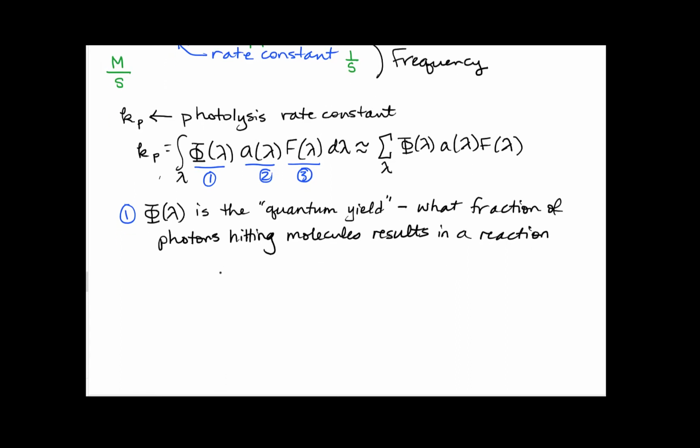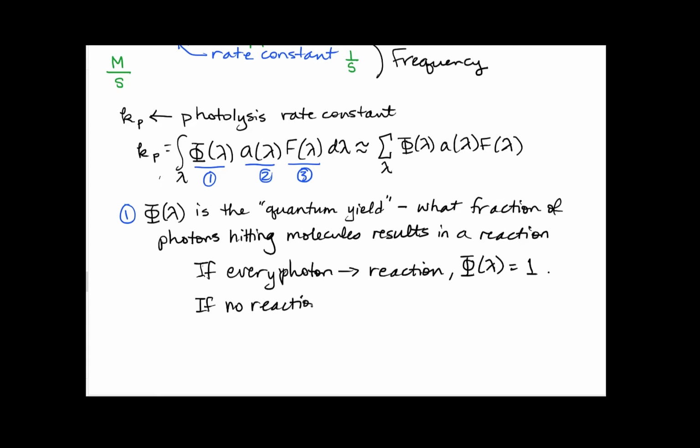So if we think about that, if every photon produced a reaction, that would be a 100% hit rate, right? In that case, then phi of lambda would equal 1 for whatever that particular wavelength was. And if no reactions ever occurred, then our quantum yield is 0.